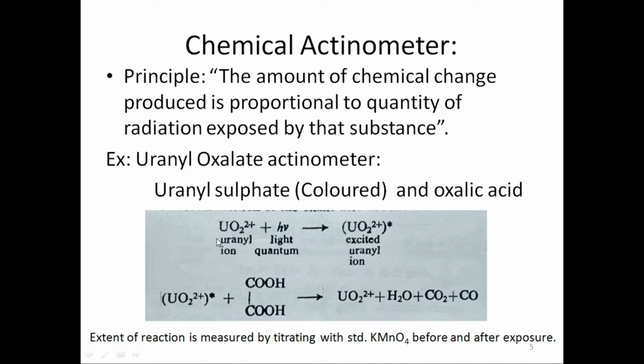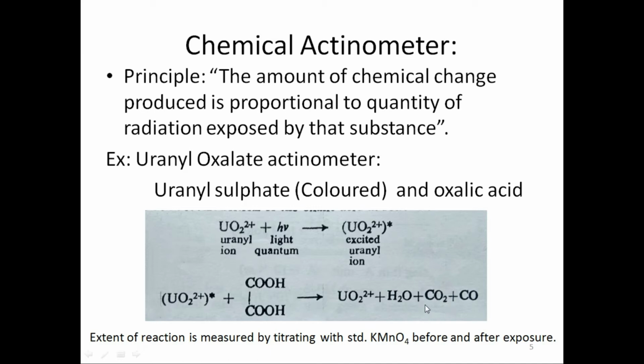As you can see in this reaction, the uranyl ion present in uranyl sulfate, UO2 2+, absorbs the radiation and gets excited. Actually the uranyl ion acts as a photosensitizer here. The excited uranyl ion transfers its energy to oxalic acid, which is colorless, and because of that oxalic acid undergoes reaction.